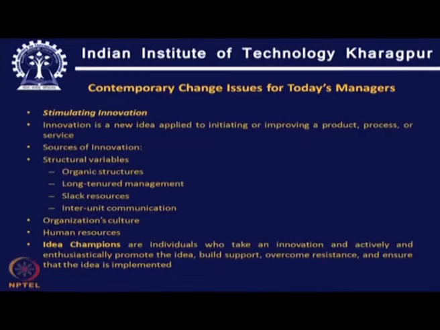Idea champions are individuals who take an innovation and actively and enthusiastically promote the idea, build support, overcome resistance, and ensure that the idea is implemented in the organization.